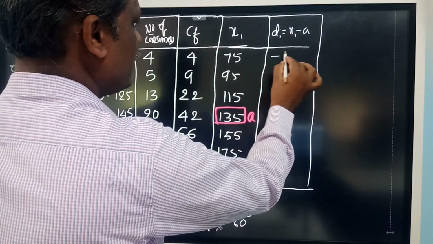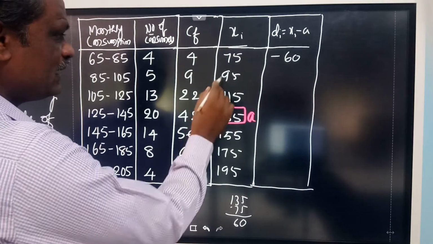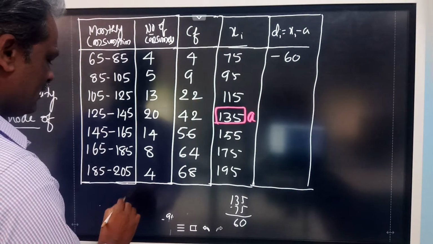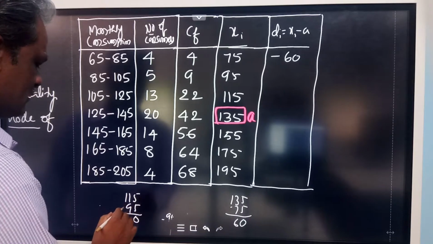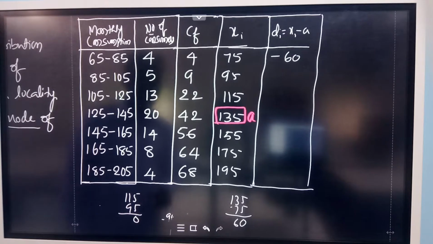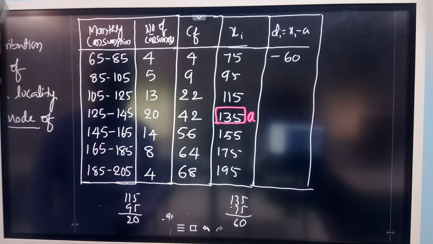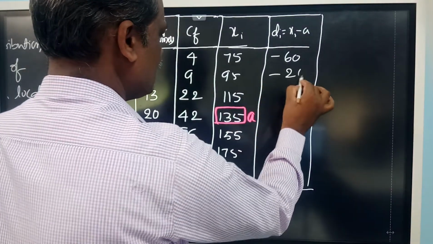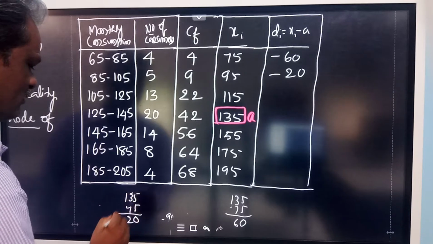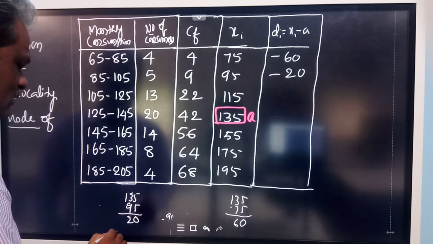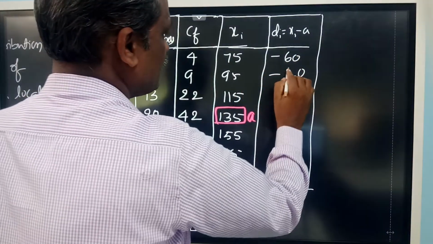It is minus 60. Then again xi minus a: 95 minus 135, it is 40, so minus 40.